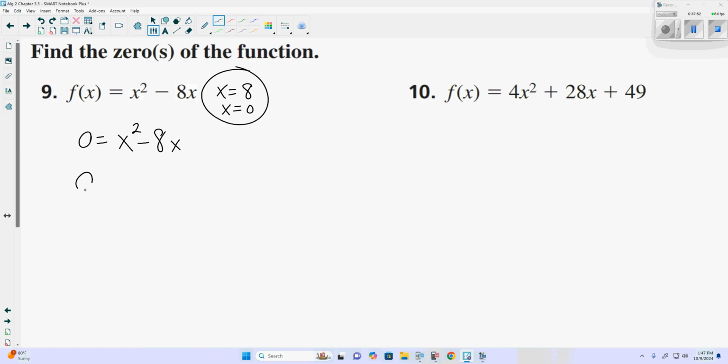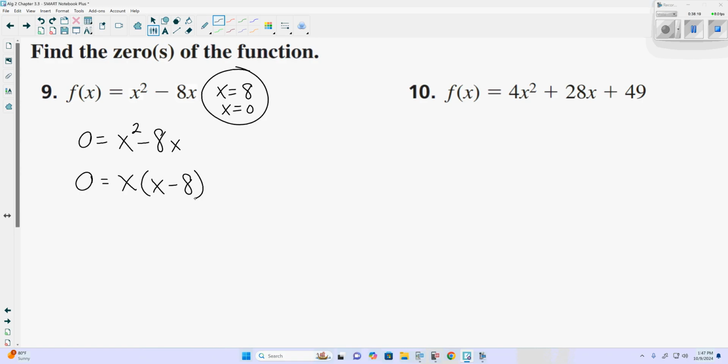And I want to show this with factoring because this is a little different. Because greatest common factor. Is there a common factor, common term between x squared and 8x? They both have an x. We don't have a term without a variable. So x is shared with both. So I can factor an x out of both terms.